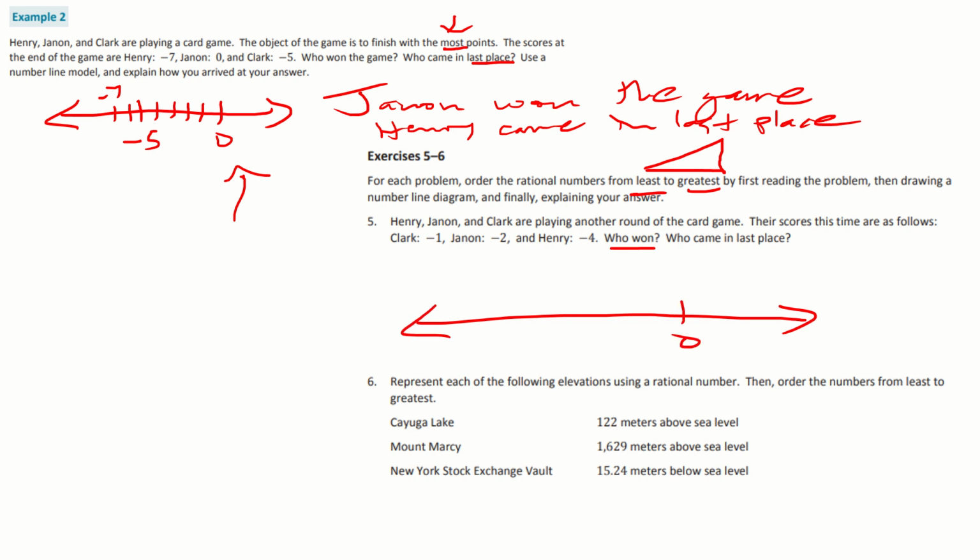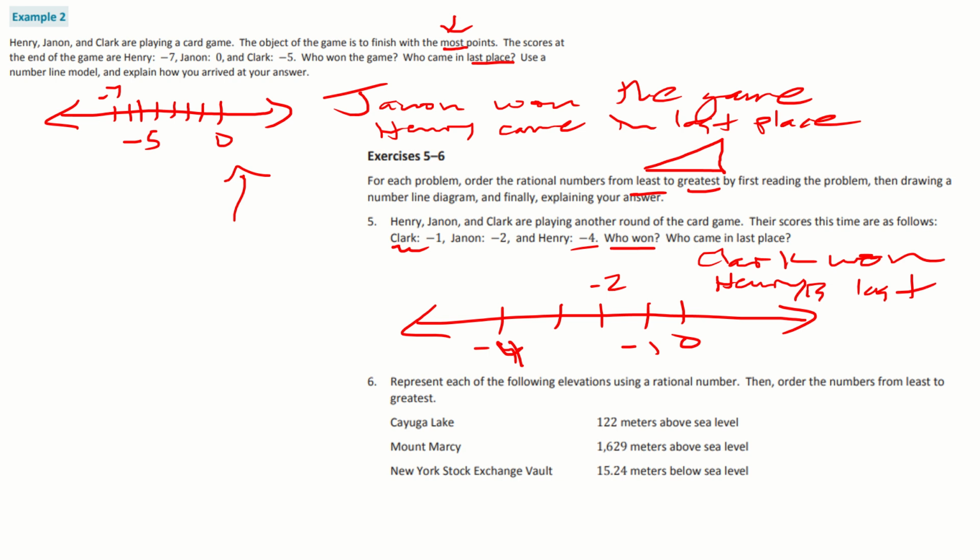If that's my 0, that would be -1. That would be -2, -3, -4. The one closest to 0 is the -1, which is Clark. So Clark won. And who came in last place? It was whoever had -4, which was Henry. Henry is last.